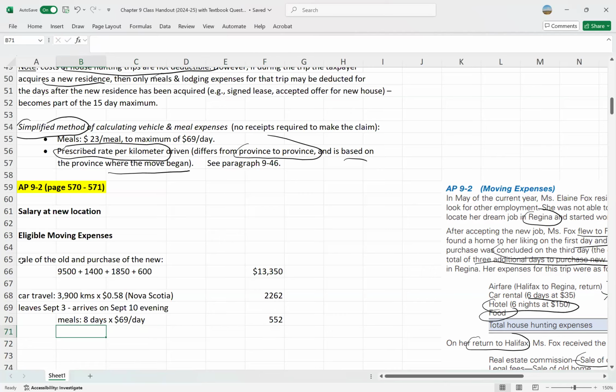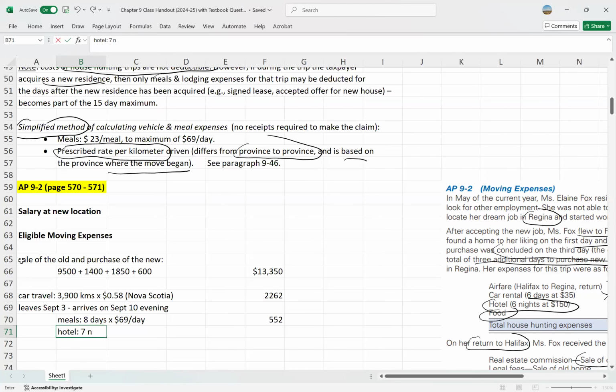Now, once again, this is where it gets confusing. What about the hotel? She's going to be traveling and in a hotel on the nights of September 3rd, 4th, 5th, 6th, 7th, 8th, and 9th. When she gets to Regina on the 10th, she will already be in Regina. So the night of the 10th is not part of the traveling cost because she is already in the new location.